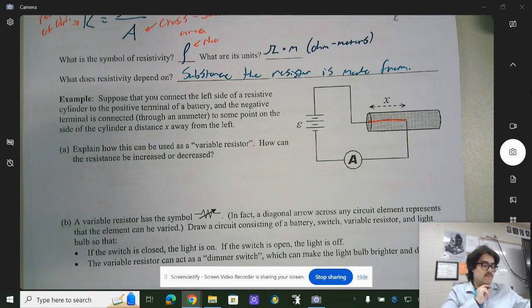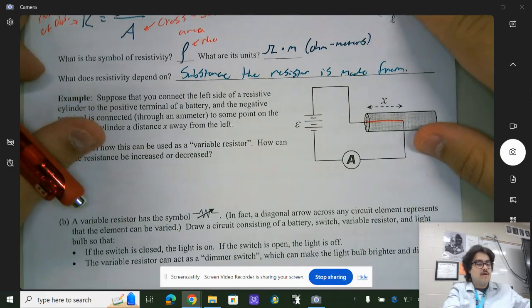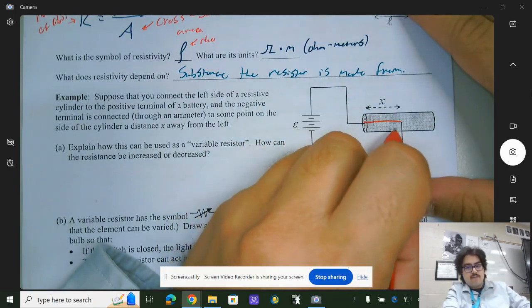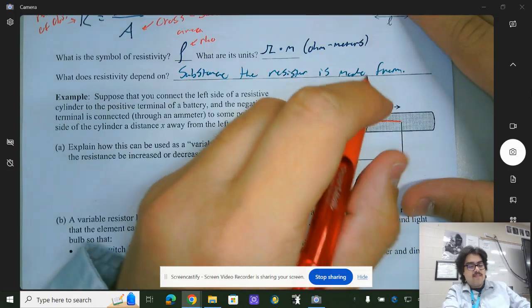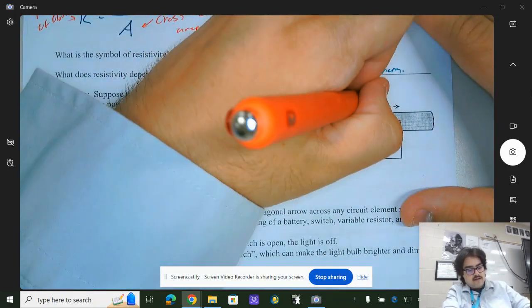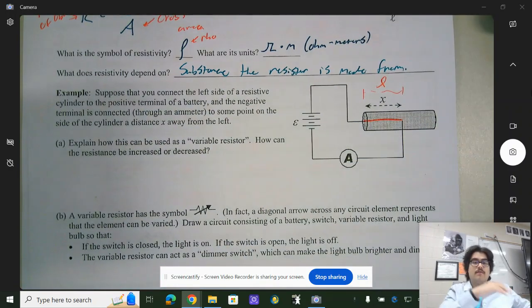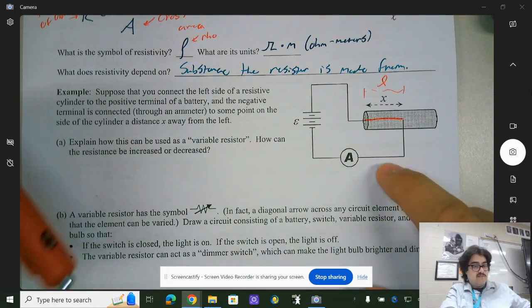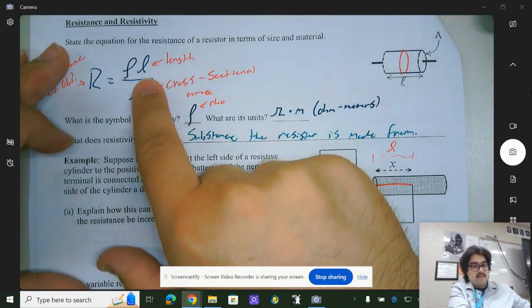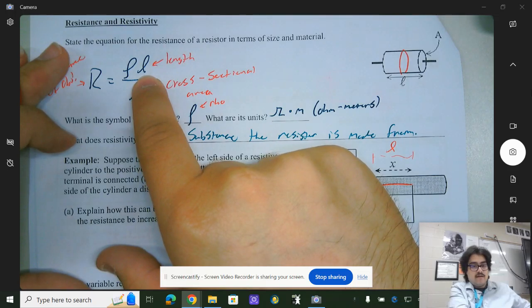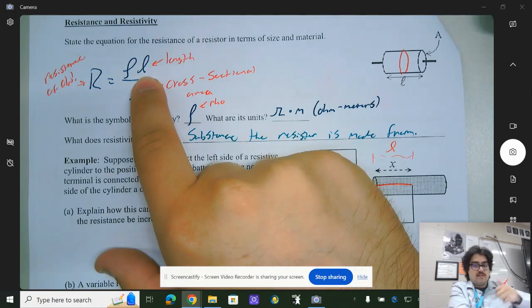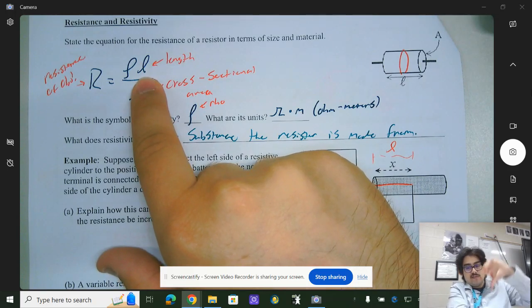So how can we use this as a variable resistor? Well, if this is the only length through which the current is traveling, that's our L right here. Now, you know that resistance is dependent on L. If we increase L, resistance goes up. If we decrease L, resistance goes down.